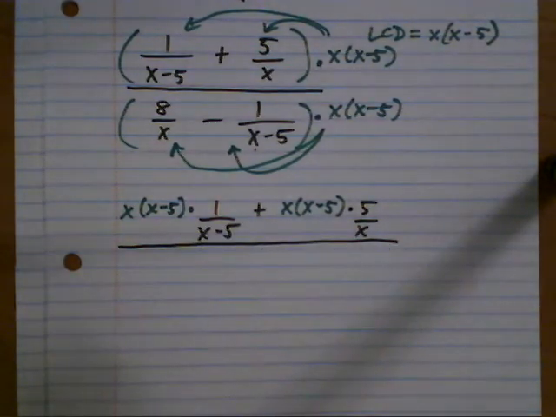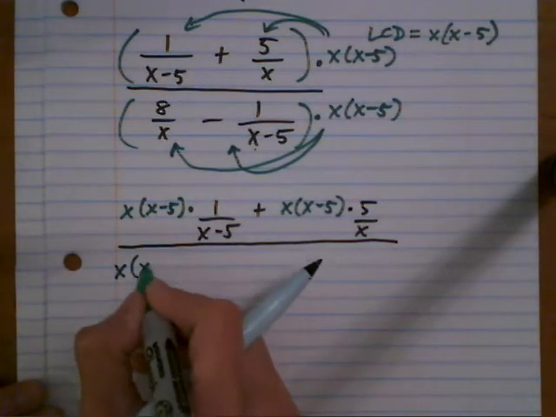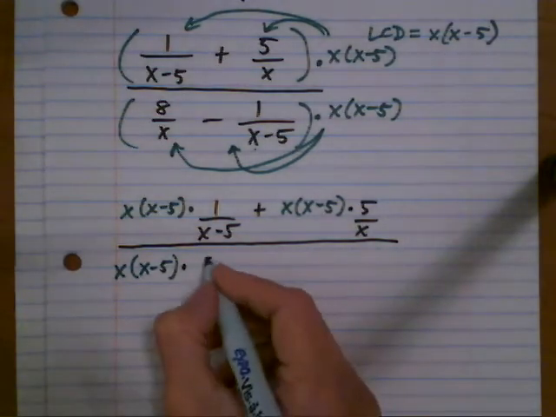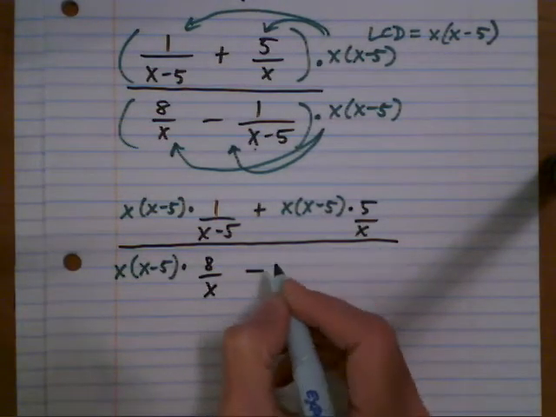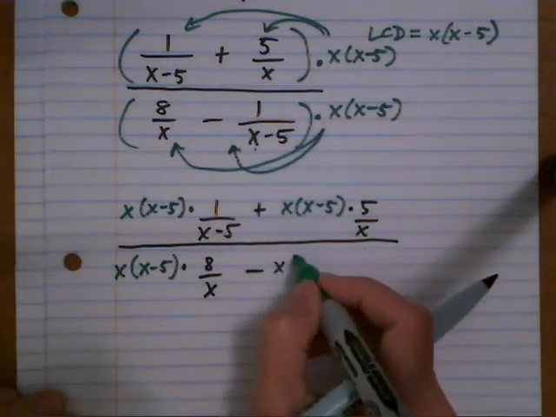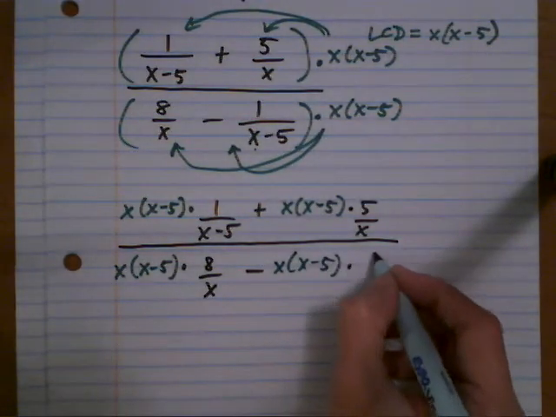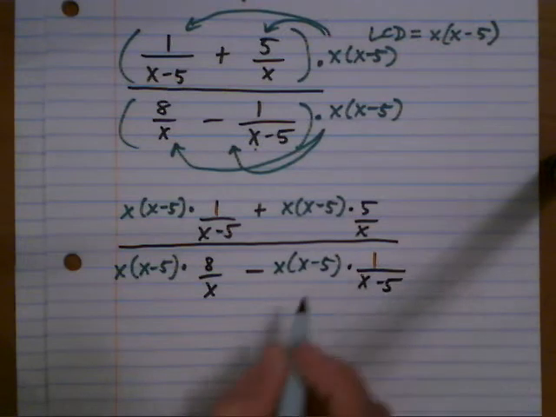On the bottom we get x times x minus 5 multiplying 8 over x minus x times x minus 5 multiplying 1 over x minus 5.